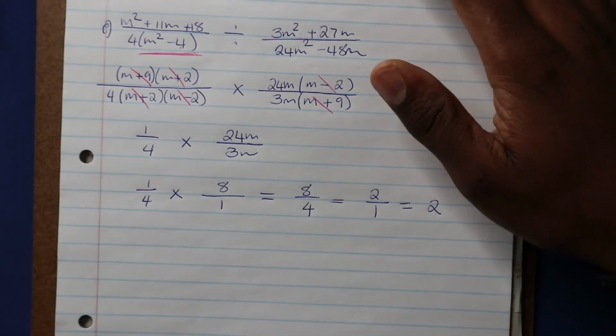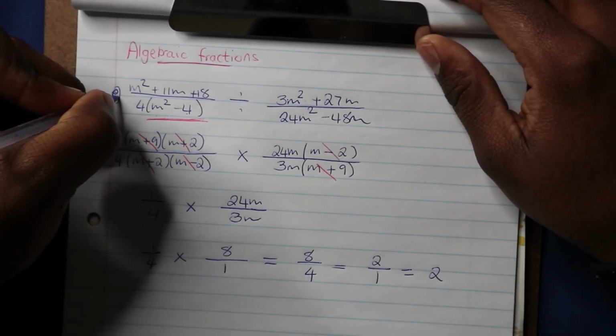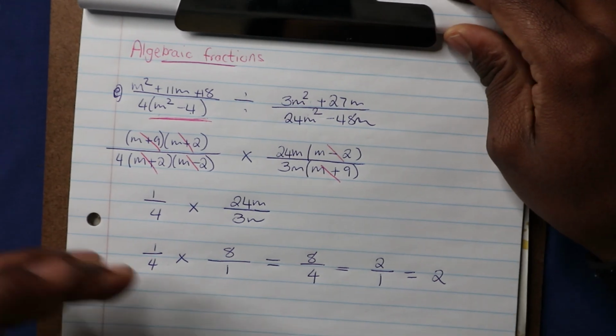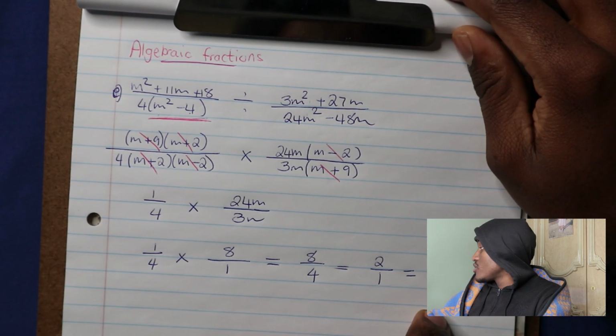And that right there is our E completely simplified. We find that it comes down to 2. So let's move on to our next question.